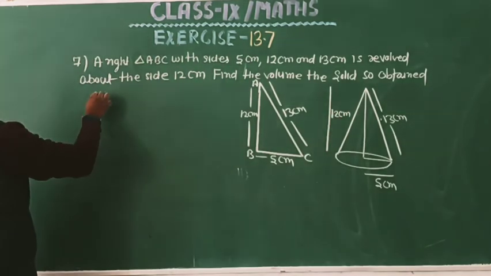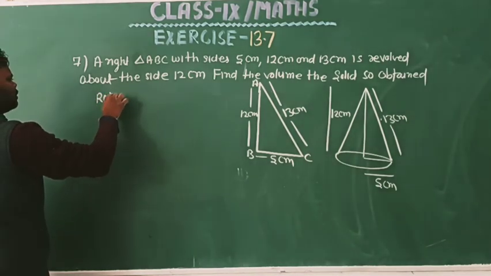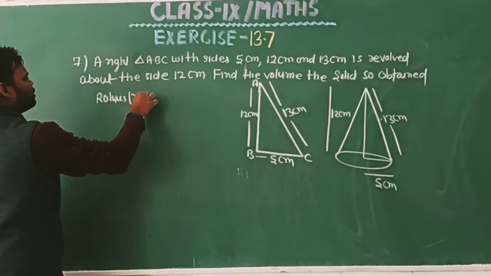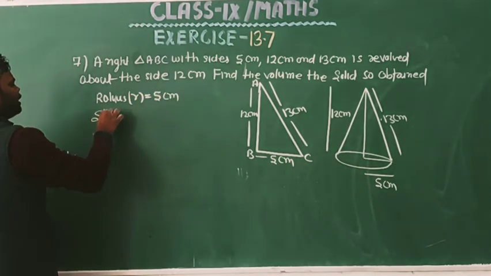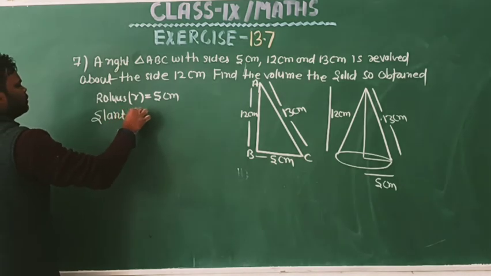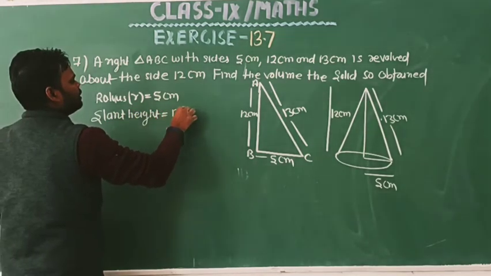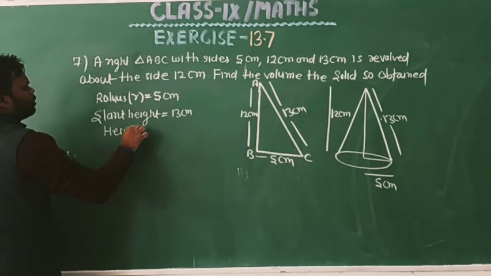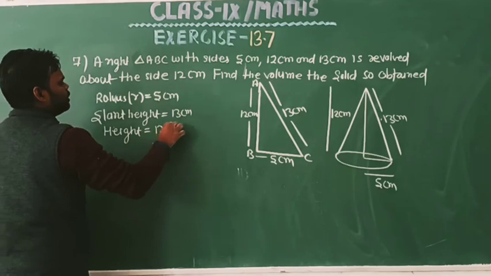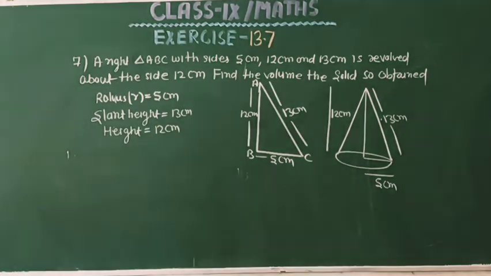This is 13 centimeter, the radius is 5 centimeter, and this height is 12 centimeter. So radius r equals 5 centimeter, slant height becomes 13 centimeter, and height of the solid equals 12 centimeter. Then we have to find its volume.